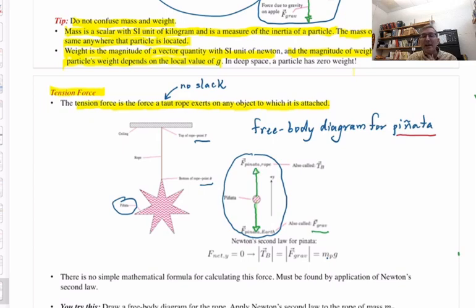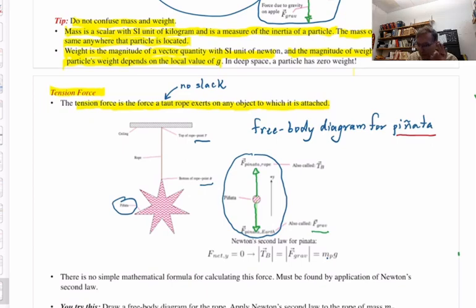So let me highlight that arrow now. That up arrow is the force on the piñata due to the rope, the taut rope. But that's what we mean by a tension force, right? The force that a taut rope exerts on the objects to which it is attached. So that upward force on the piñata due to the rope is what we would call the tension force on the piñata due to the rope.